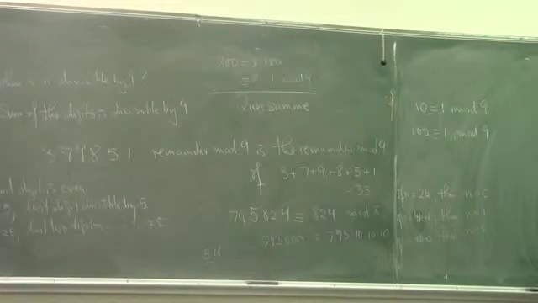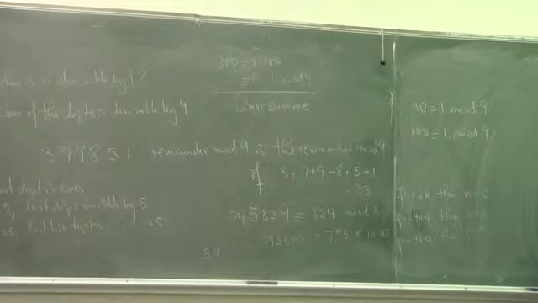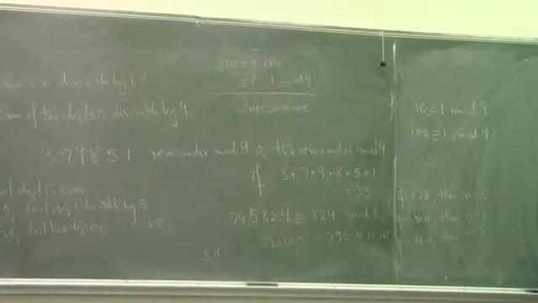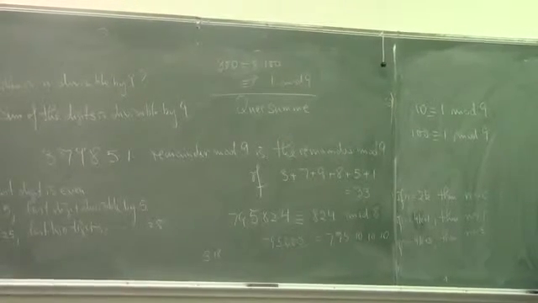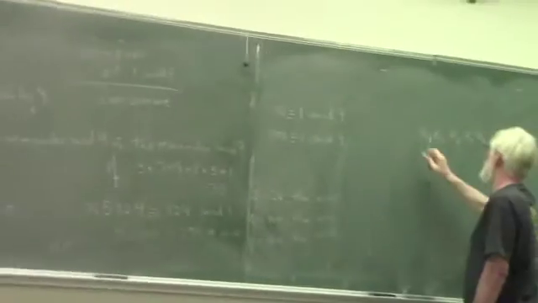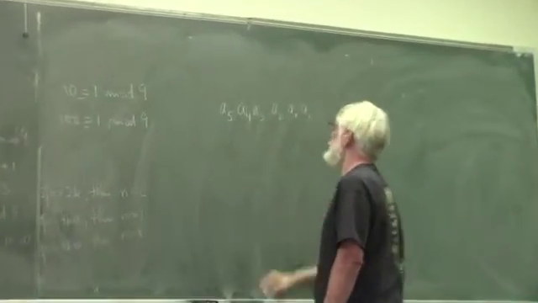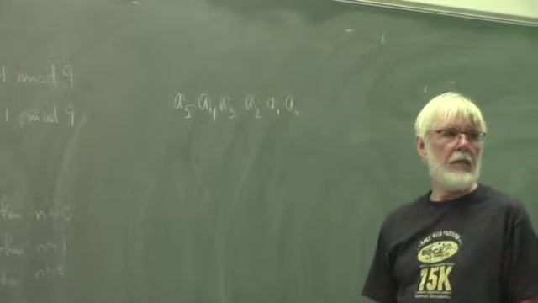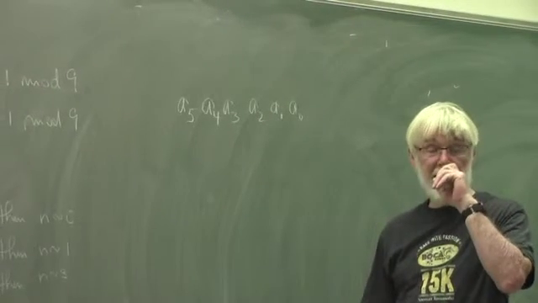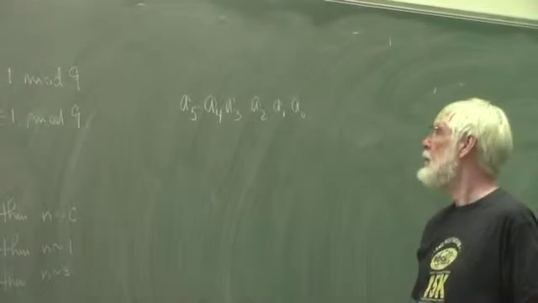So if you have A0, A1, A2, A3, A4, A5. So these are your decimal description positions.